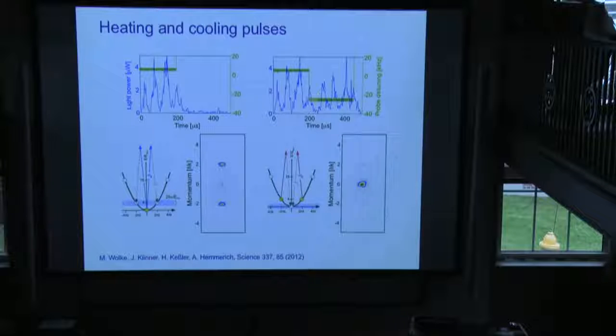Then here we have subsequently applied a red-detuned pulse. So now we're doing what's depicted in this detail here. We have a red-detuned photon, and we are recombining the atoms back into the BEC. And this is that second pulse that is applied here.